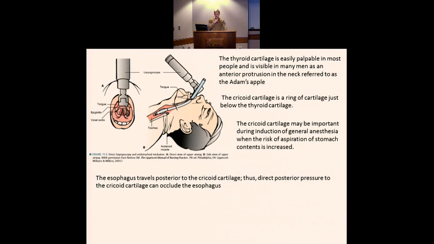Your thyroid cartilage is your Adam's apple, then below that you can feel the little hole in between, and your cricoid cartilage. When you're actually putting pressure on the cricoid ring, it's the only continuous ring. Basically, our goal there is to just press it back. It is occluding your esophagus and prevents aspiration risk.